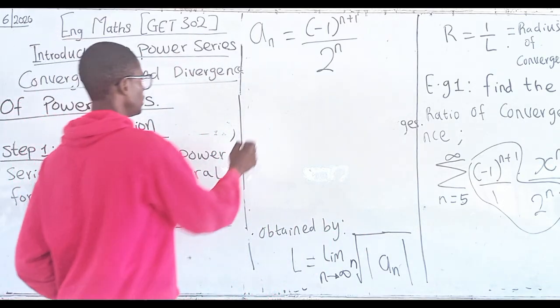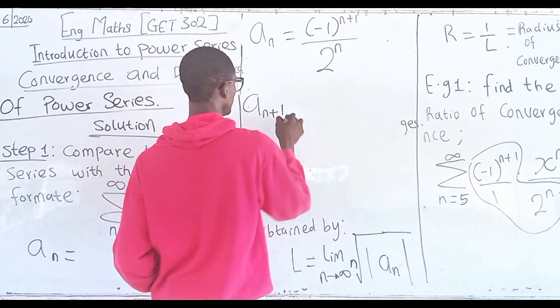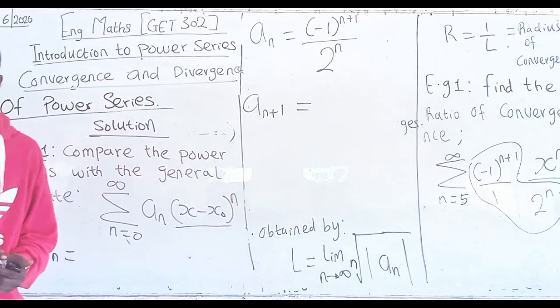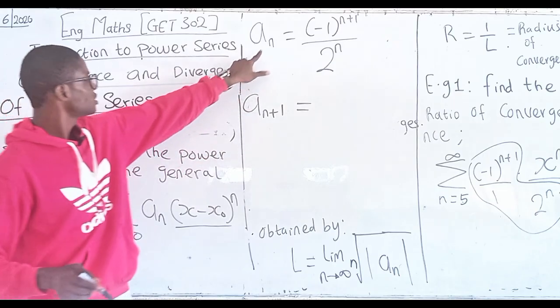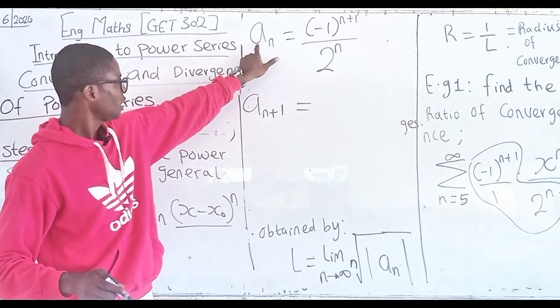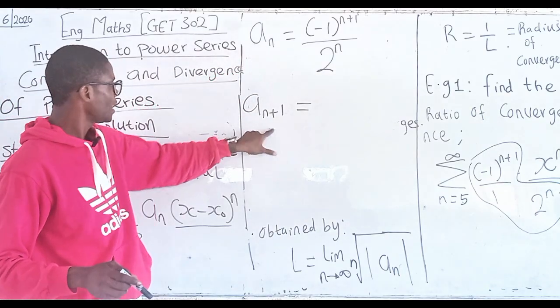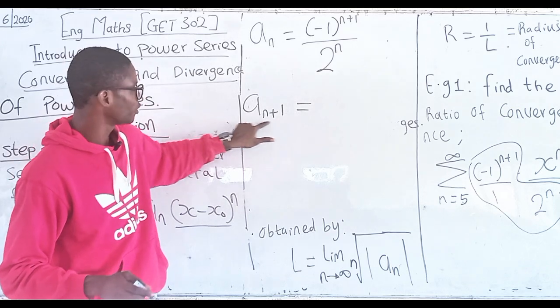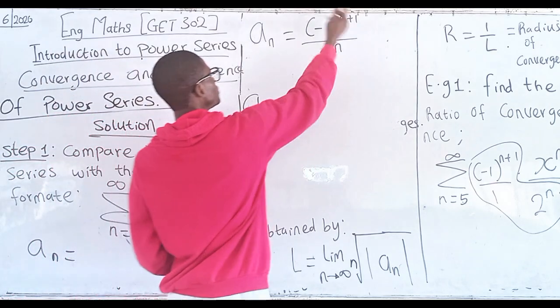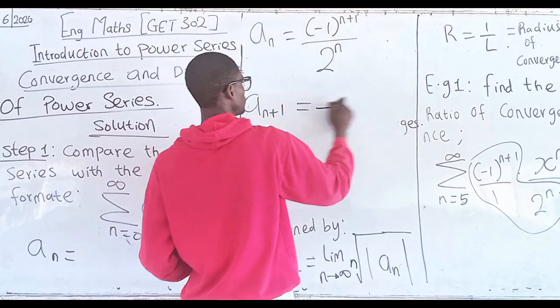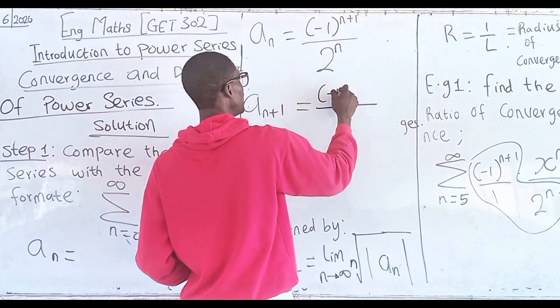So we have this as our value. So now, what is our a_(n+1)? Since here now is a_n, a_(n+1) means n here was replaced by n plus 1. So I'll come into this expression and put n plus 1 where I find n.